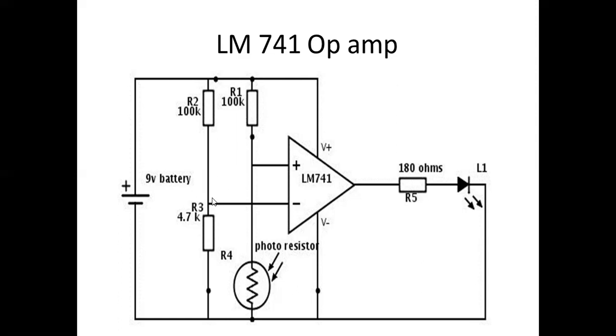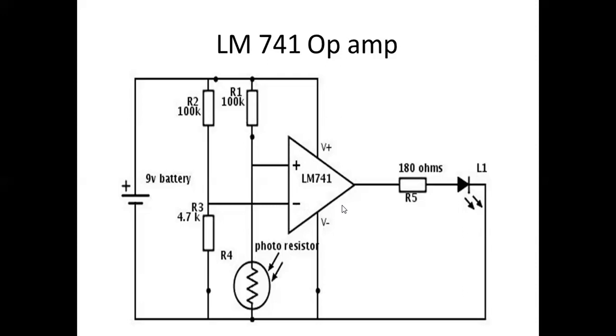Because during daytime, in presence of light, voltage at this terminal is equal to voltage at this terminal, the voltage at the output terminal of the op-amp becomes 0 and the LED does not glow.